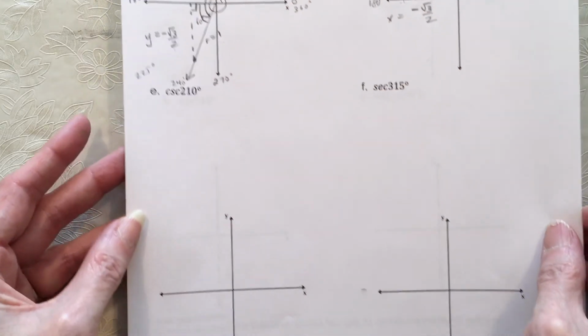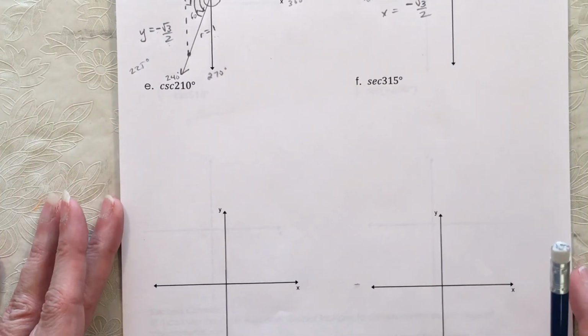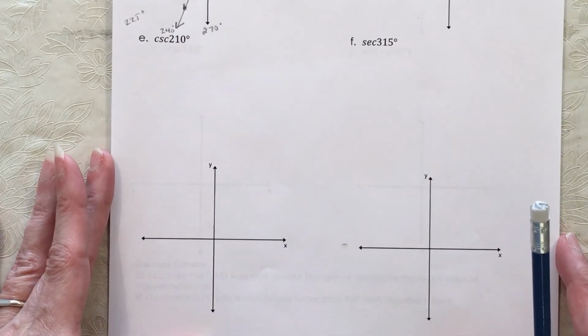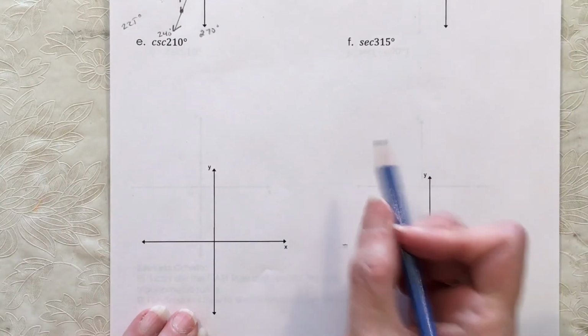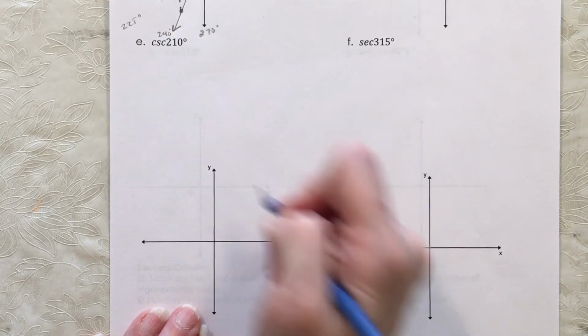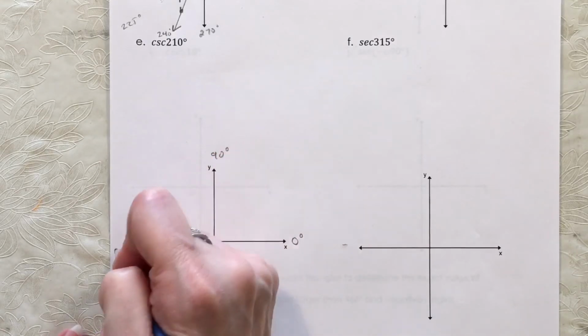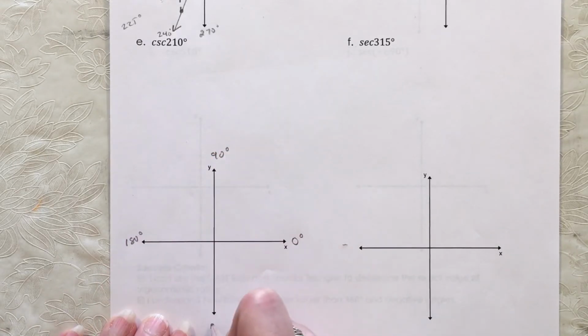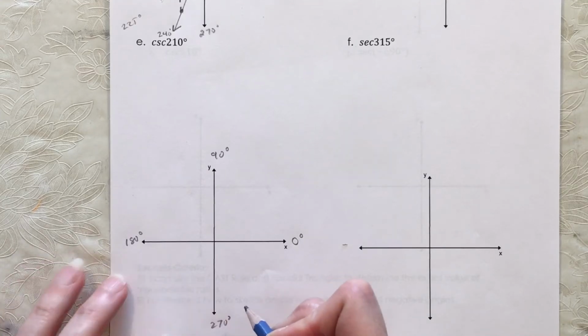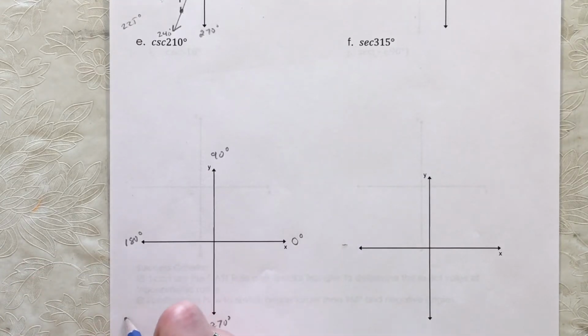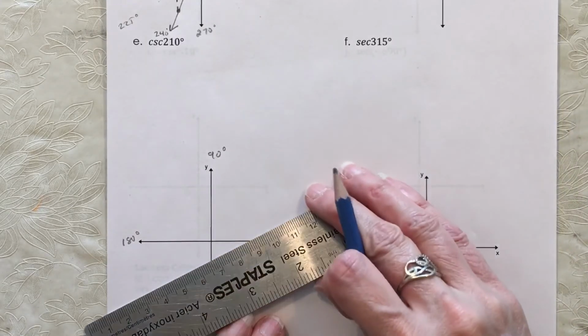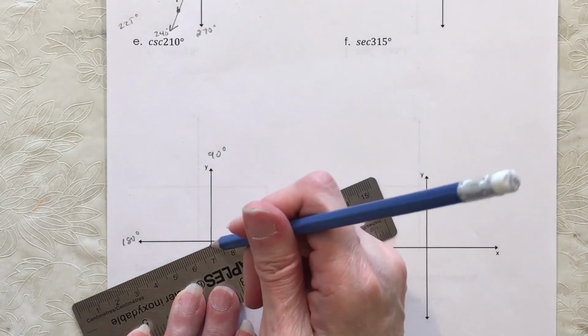All right, now cosecant of 210. So we still want to put 210 in the correct spot. So we know we've got 0, 90, 180, 270. So it's going to be in quadrant 3, and we know that the halfway point is 225. So it's going to be closer to the x-axis.